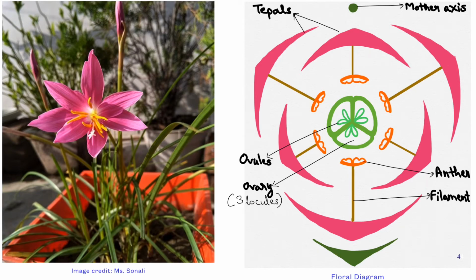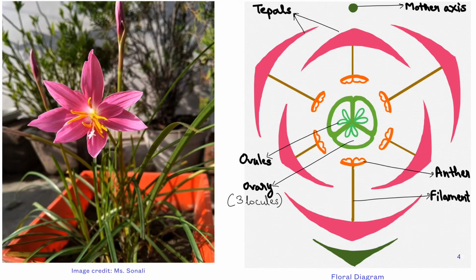In this flower, that is of rain lily, the bracts or bracteoles are not present as such, but there is a sheath-like covering present which covers the bud in an unopened stage. As you can see in the diagram, in the bottom, the green structure represents that sheath.